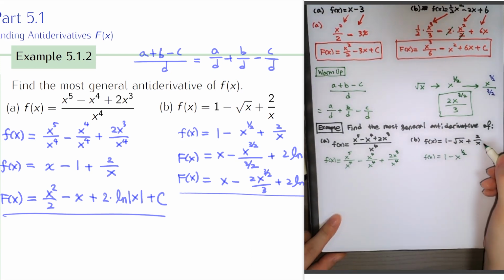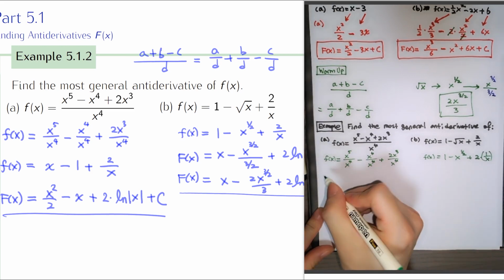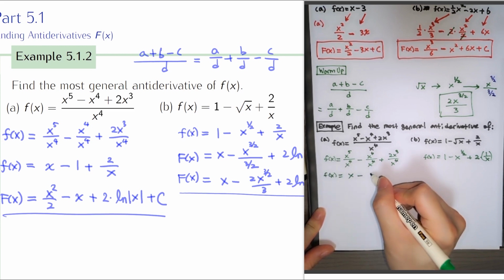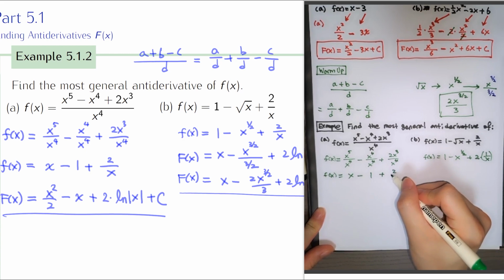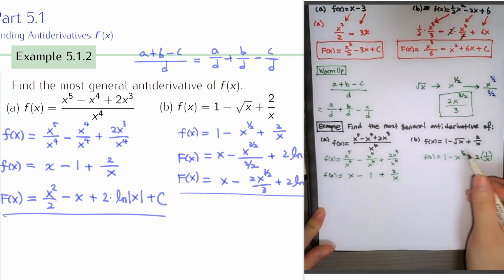Then we can also change this to 2 times 1 over x. For this first part of the function, you can simplify this, and f of x becomes x minus 1 plus 2 over x. This function is ready to take the antiderivative.